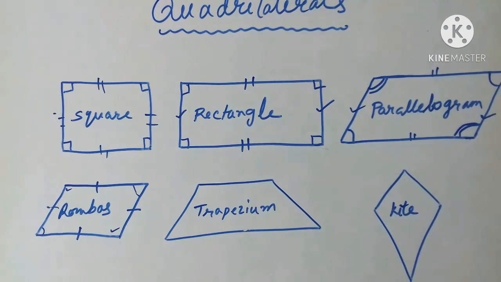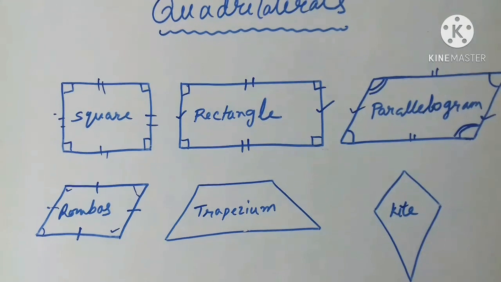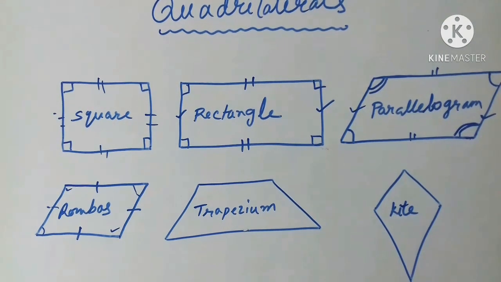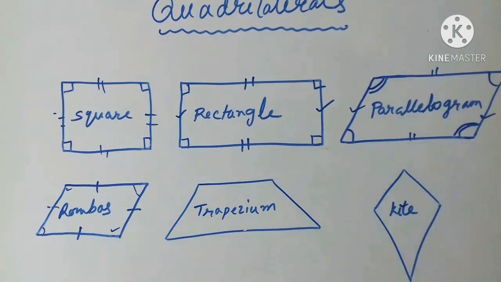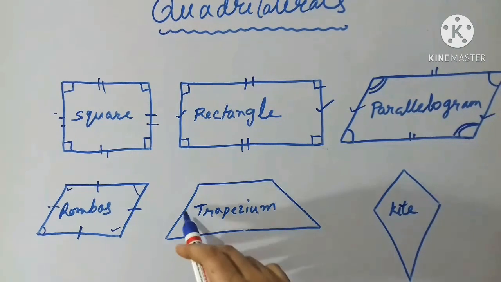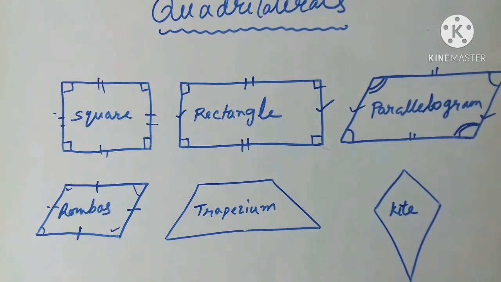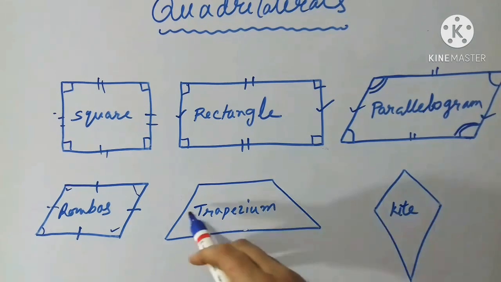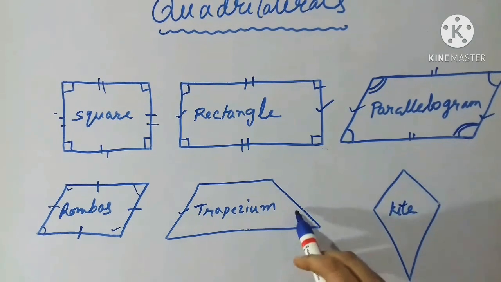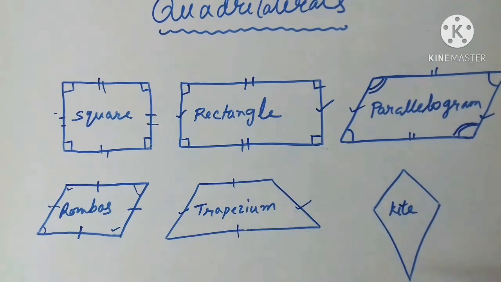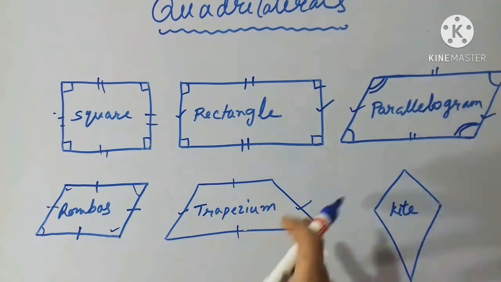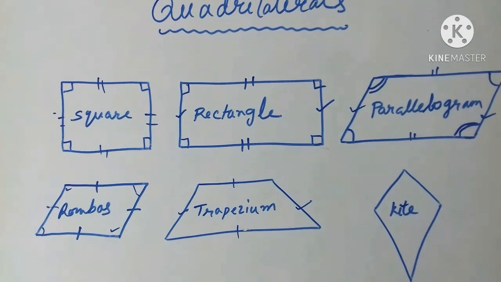Next I am coming to trapezium. For trapezium the basic characteristic is any two opposite sides are equal, and other two opposite sides will be parallel, means here you can see that this side is equal to this side and this side is parallel to this side, means any two opposite sides will be equal in length and the other two sides will be parallel to each other.